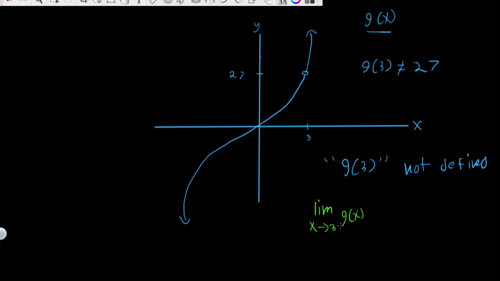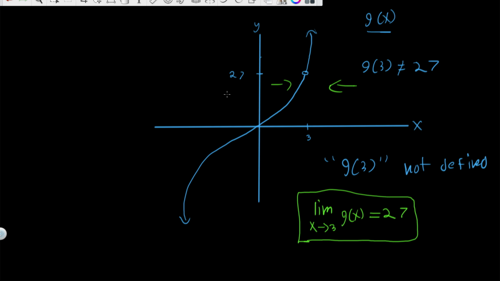So the limit as x goes to 3 of g of x is equal to 27, because as we approach 3 from both this side and this side, the function approaches 27. What I mean is that the y-coordinate of the function approaches 27. And this is one way a limit is easily utilized.